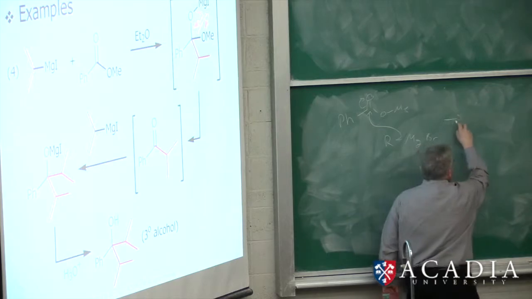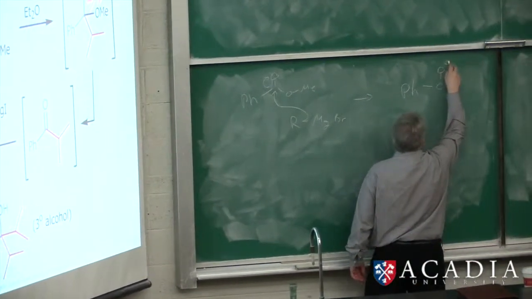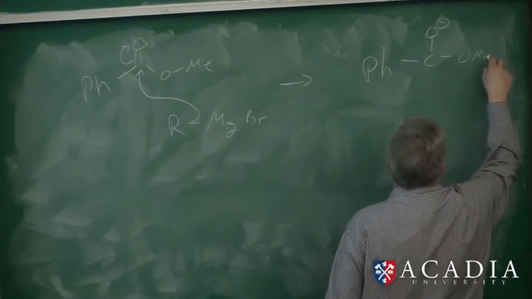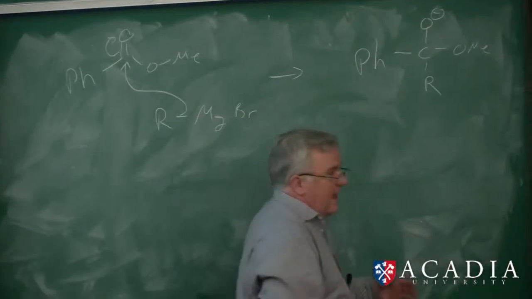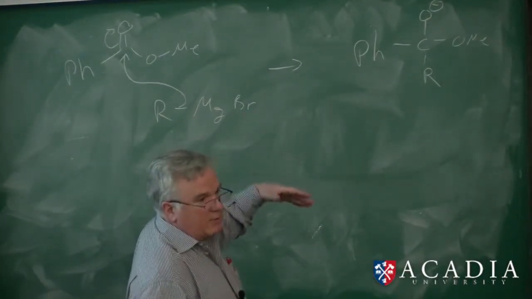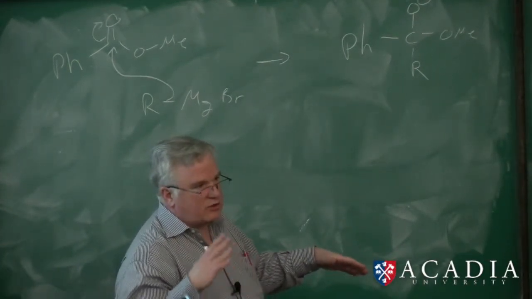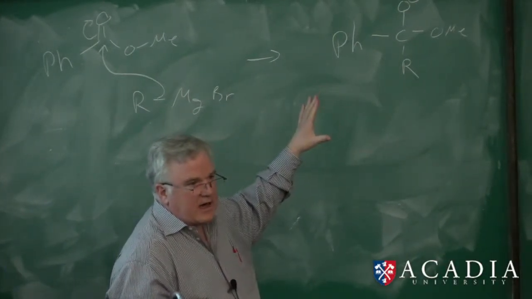We form what we have been calling our tetrahedral intermediate. And we don't want to forget that the magnesium is still around there, but we have a tendency to just let it drop by. The other thing too is that in solution the magnesium is going to end up coordinating that oxygen.